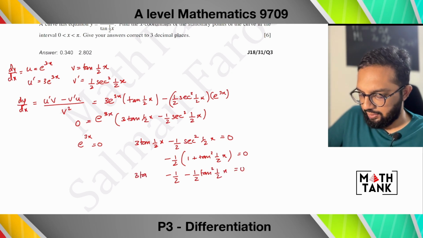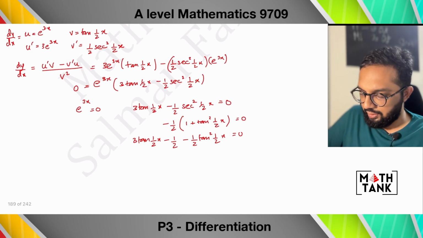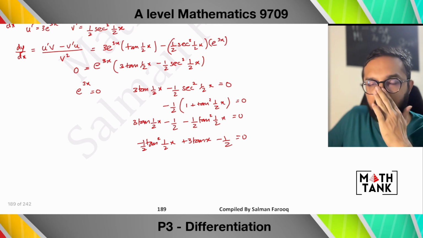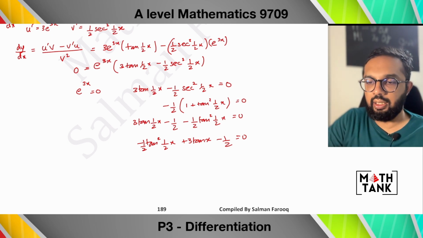And what I see is a quadratic equation with tan half x as my variable. So minus half tan square half x plus 3 tan half x minus half. I'm going to use my calculator to solve the quadratic and see the two answers that I get.